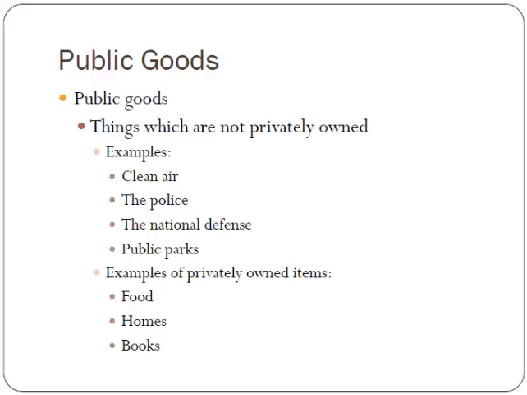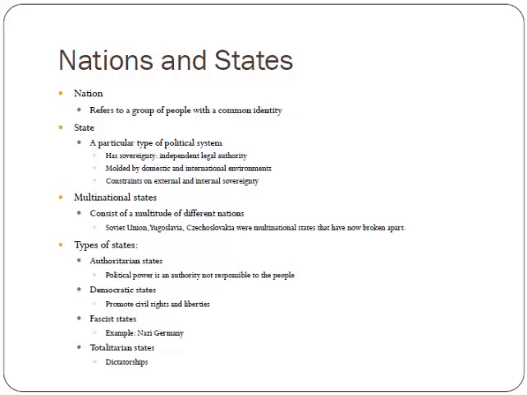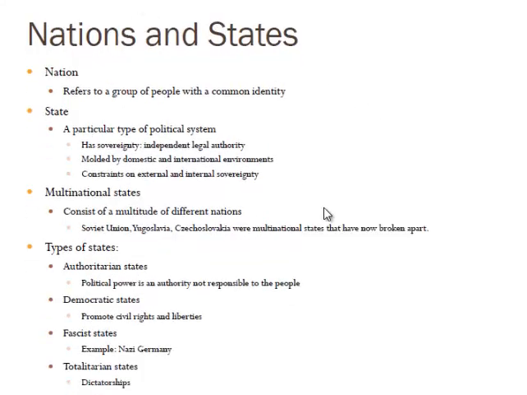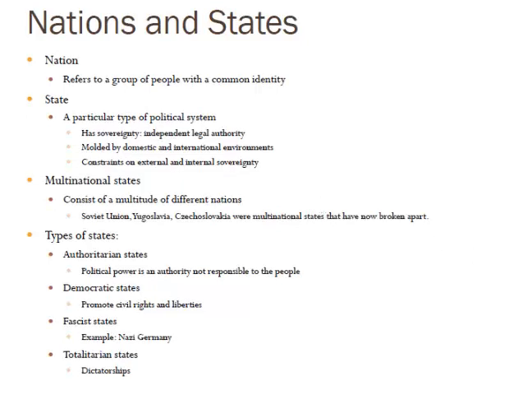And finally, for this first chapter over here, we have some definitions. I'm sorry if this is a little small. I'll make it a little bit bigger. Nations and states. A nation, even though we sometimes use nation and country as being interchangeable, means a group of people with a common identity. For example, you could have the United States of America and we call it one nation under God in the Pledge of Allegiance, but by this definition it isn't really one nation.